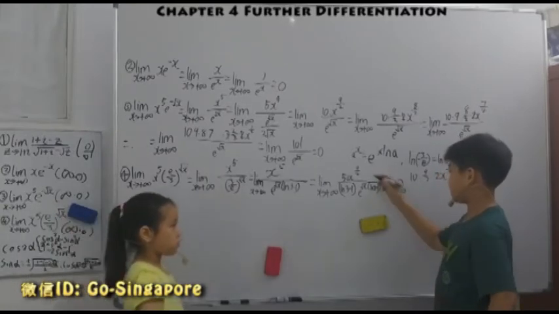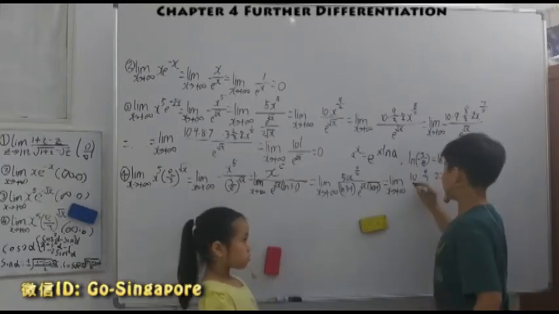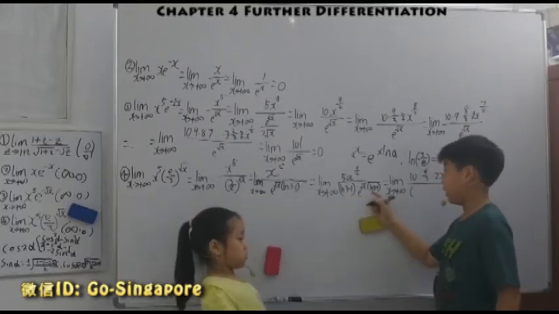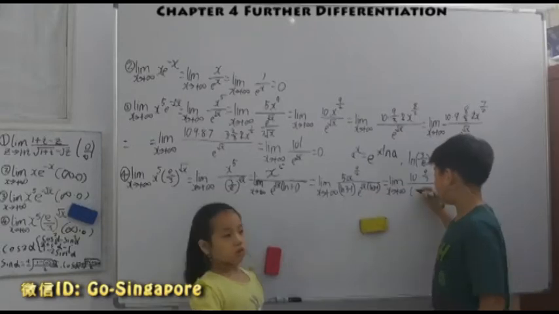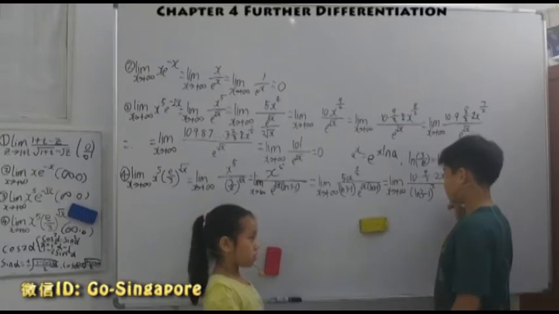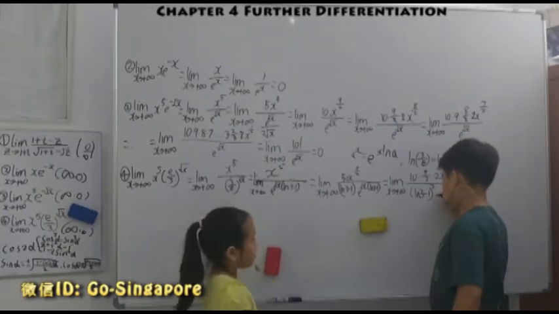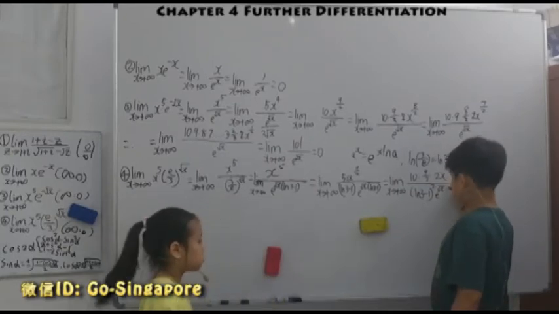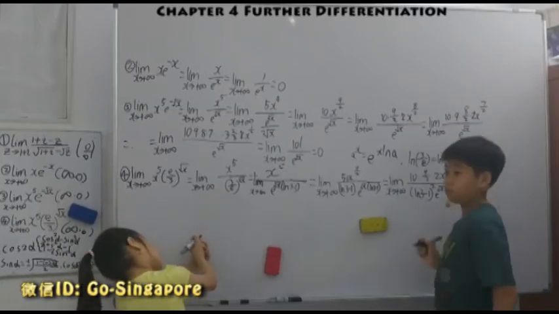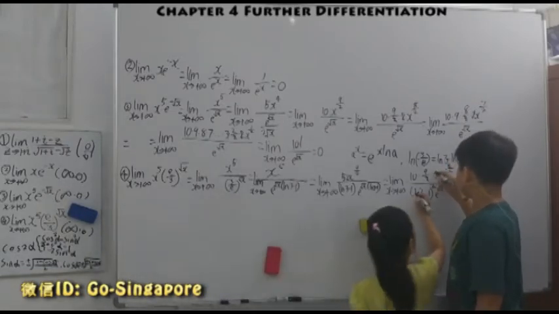Because at first this is 7, plus 1 more becomes 8. But because the denominator doesn't change over here, you only need one more, so this is ln 3 minus 1 squared. Then e to the power of the same thing. The denominator will be the same. So like this. Simplify.